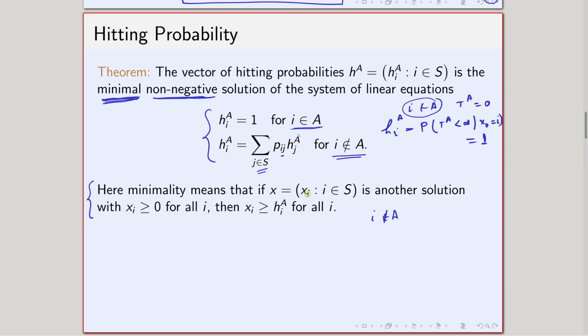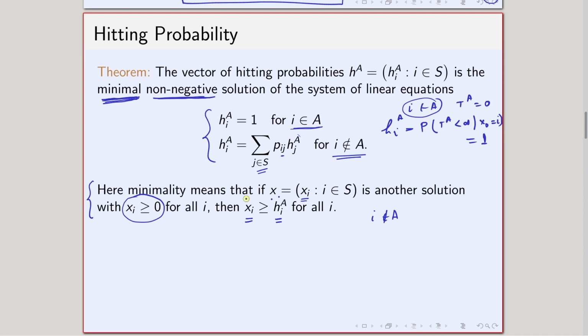Minimal basically means this. Suppose I have another solution x consisting of x_i, i belonging to S, and this is a non-negative solution, so x_i is greater than or equal to 0 for all i. Minimality means I will take the solution for which any other solution is greater than or equal to that particular solution. So H will be the minimal non-negative solution if all the H_i^A are greater than or equal to 0, and for any x which is a non-negative solution of this system of equations, x_i is greater than or equal to H_i^A.